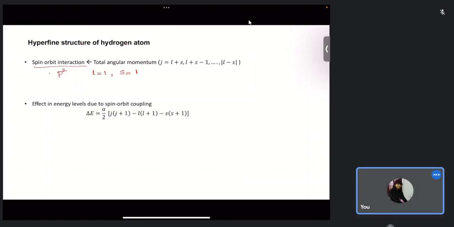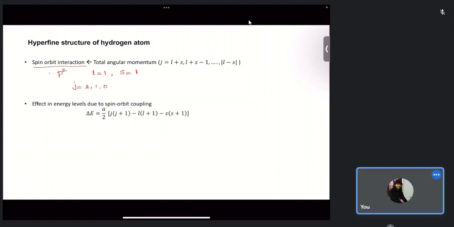So we can have different total angular momentum values: 2, 1, 0. So for a system in a P2 electronic configuration, it can have these different values of total angular momentum J.